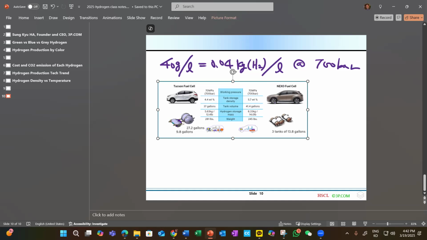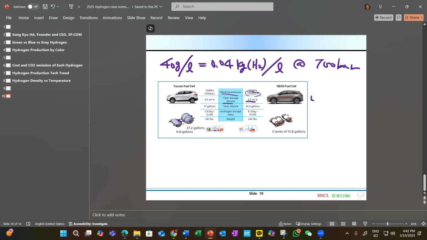Again, for the Nexo, as you can see, 70 megapascal is 700 bar. This is the working pressure. And then the tank storage density is a 5.7 weight ratio.